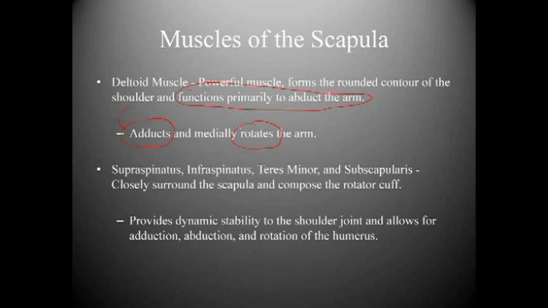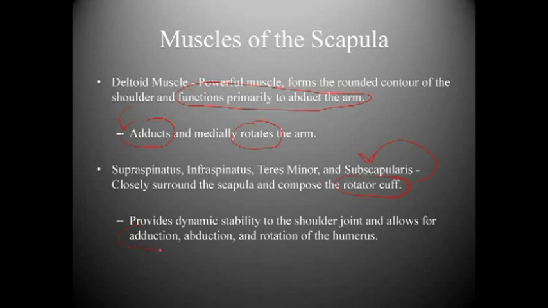The supraspinatus, infraspinatus, teres minor, and subscapularis muscles closely surround the scapula and compose the rotator cuff. When you refer to the rotator cuff, this is what you're talking about, these four muscle groups here. They are in charge of providing dynamic stability to the shoulder joint and allow for abduction and rotation of the humerus.